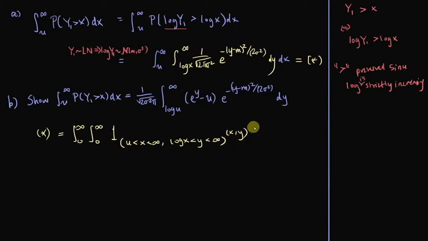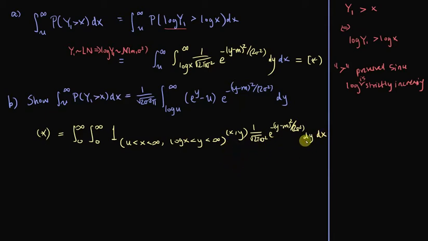And then we do have the density that also needs to be written. e to the minus y minus m squared divided by 2 sigma squared dy dx.